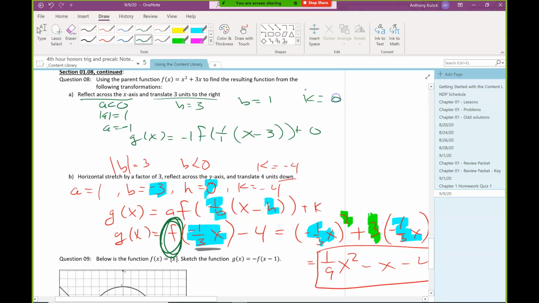And there's no shifting up or down, so k has to be 0. So now I just need to evaluate this. So I have negative 1 still out front. And f of x minus 3 is going to be x minus 3 squared plus 3 times x minus 3.